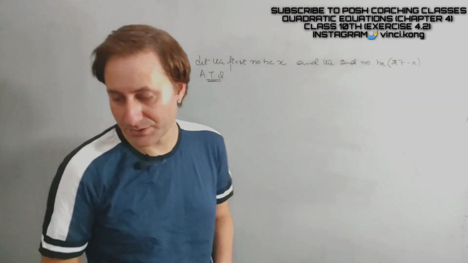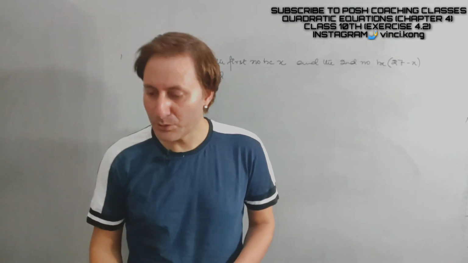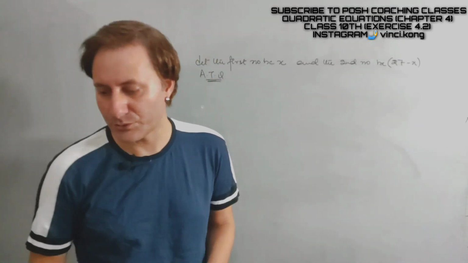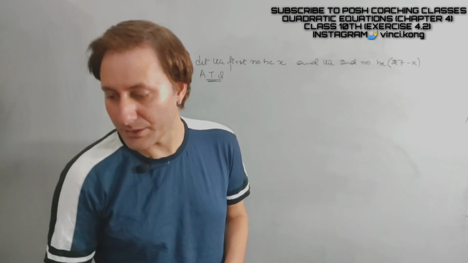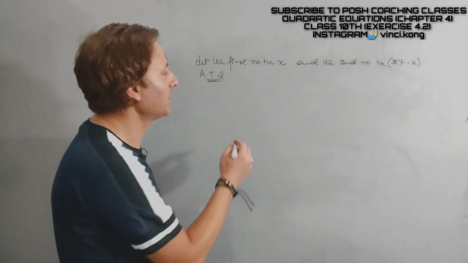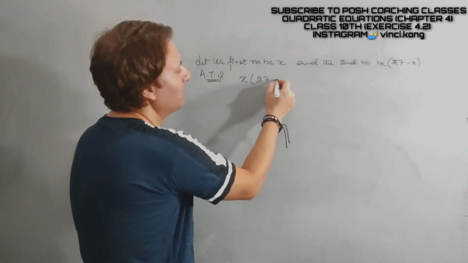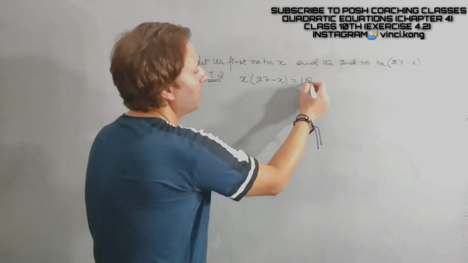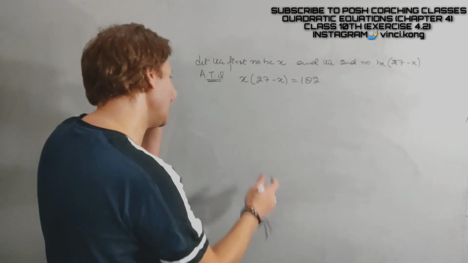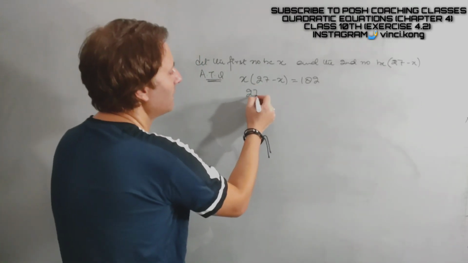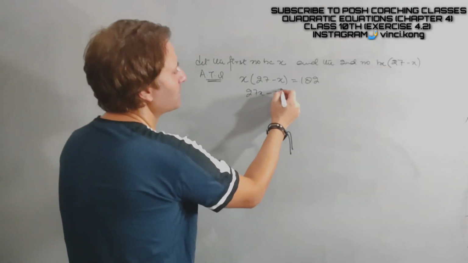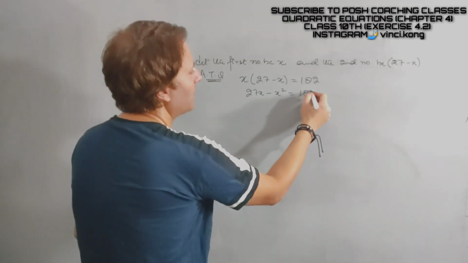So what does the question say? Find two numbers whose sum is 27 and their product is 182. So x multiplied by 27 minus x has to be 182. Now it is 27x minus x squared is equal to 182.